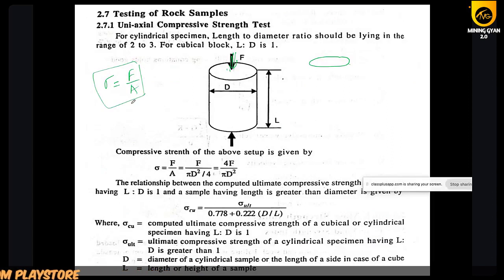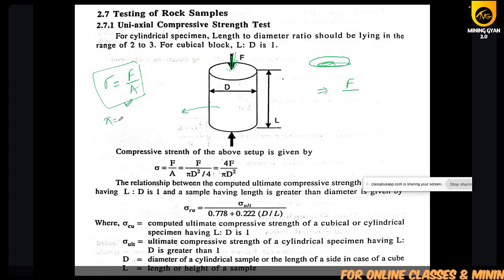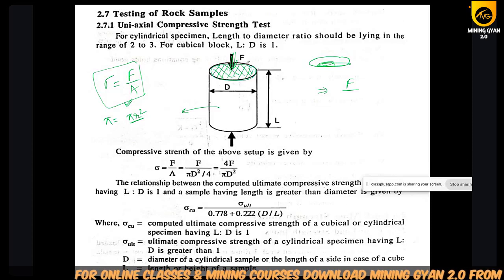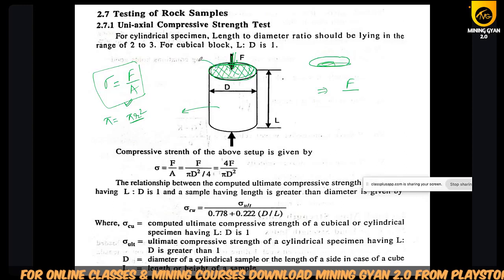So compressive strength formula is F by A for this diagram. So F you know, and what is the area of the cylinder? Not the area of the cylinder. The force is applying here in this area. What is this? This is the circle.